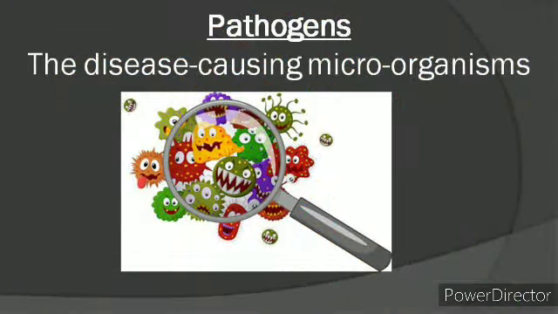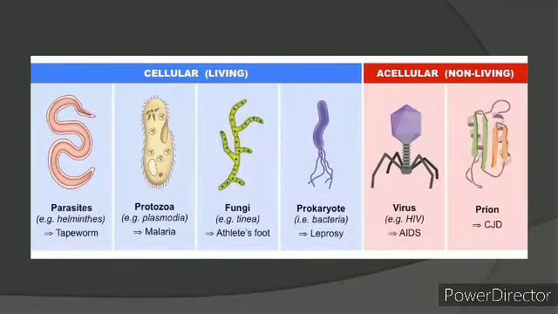So the pathogens which are around us, they are microorganisms which create disease. So there are two types of pathogens. First is cellular, which are living, like bacteria or fungi or protozoans, even parasites like tapeworm. These all are cellular, which are living. Then there are acellular, which are non-living, like viruses, like COVID-19, the Chinese virus which we are facing.